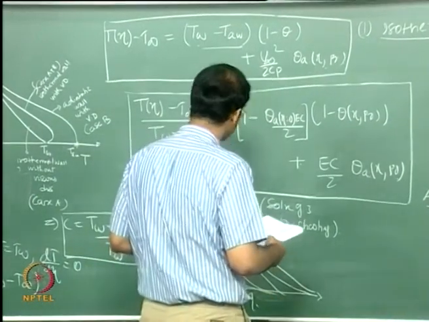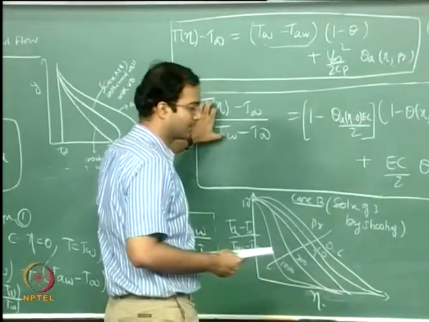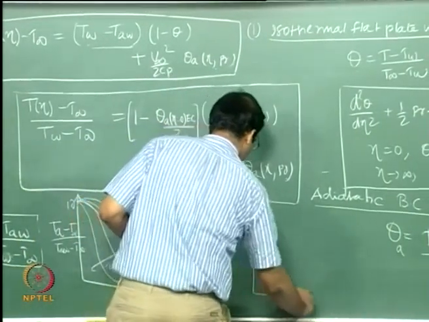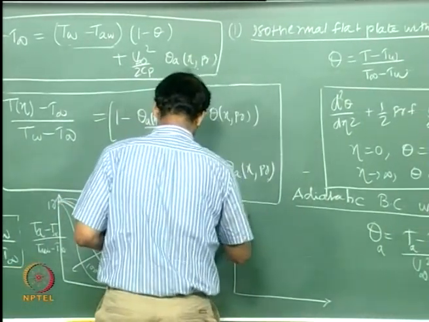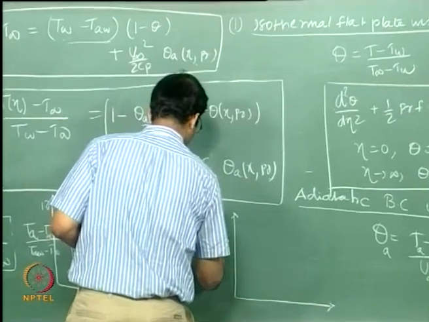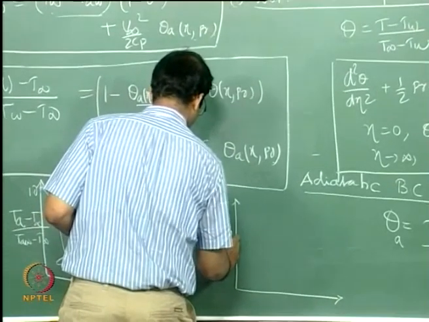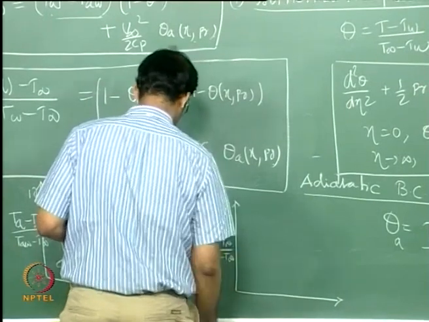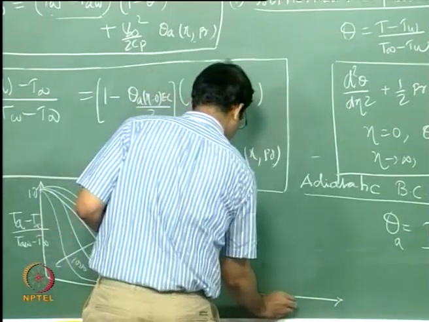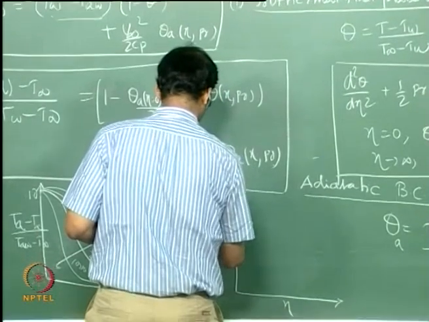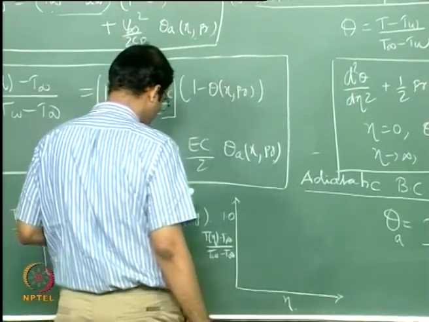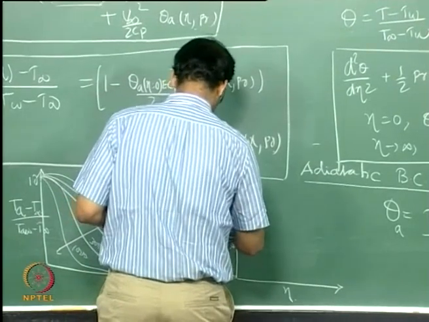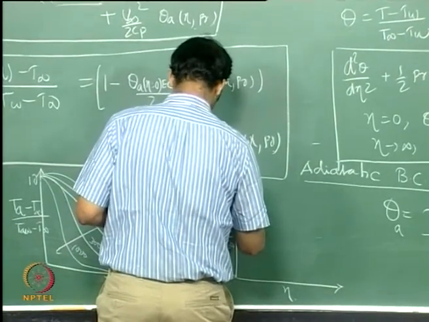Now for the general solution for this, the combination of these two solutions, if you can plot for a given value of Prandtl number, that is my T of eta minus T infinity by T wall minus T infinity, as a function of eta. This will also be between 0 and 1, and this will show a behavior something like this.